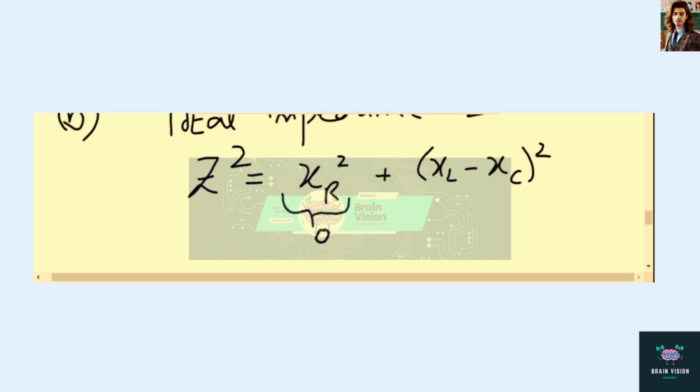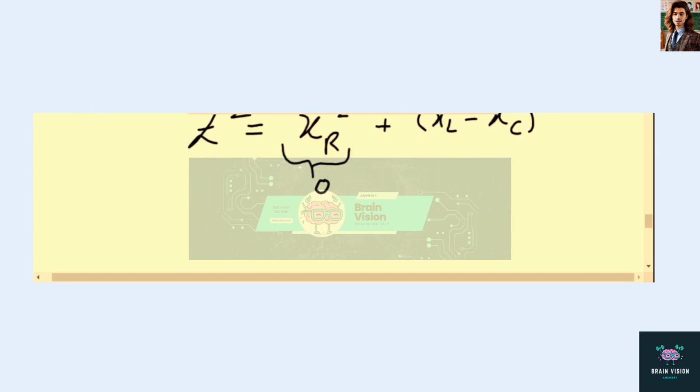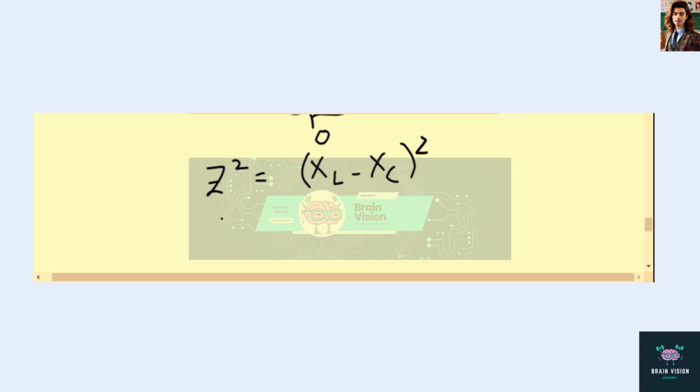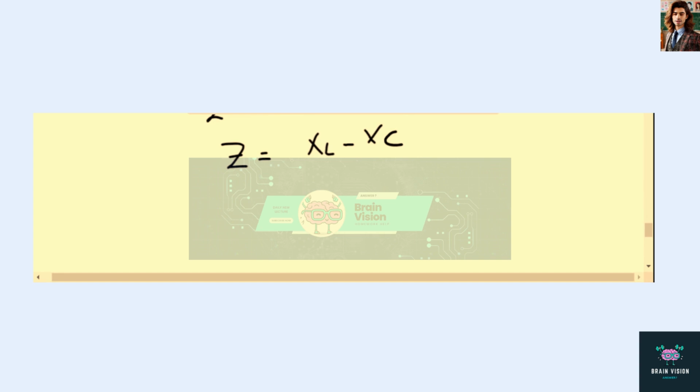Here R is equal to 0, so this part is equal to 0. So we are left with Z square is equal to parenthesis XL minus XC whole square, taking square root, so Z is equal to XL minus XC. Substitute the values and you get 51.78. So the impedance is equal to 51.78 ohm.